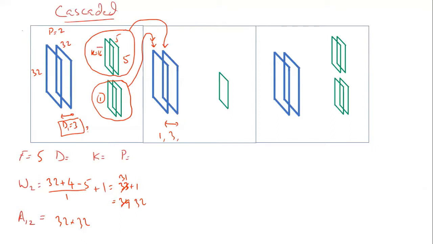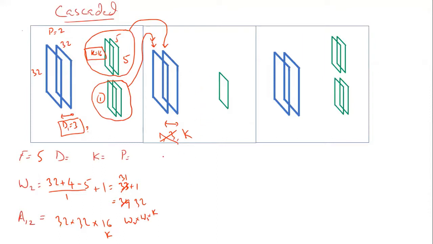Well, here, what is K? Right, so the depth of this is now actually going to be K. So it's going to be 32 by 32 times 16, or the activation map is going to be W2 by W2 by K. So that's the input for the next layer.